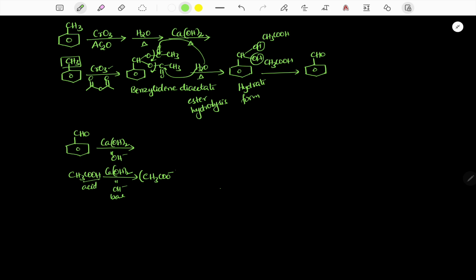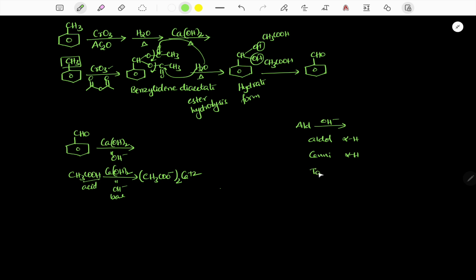CH3COO minus 2 times and Ca plus 2, so calcium acetate will be formed. Now the benzaldehyde and OH minus. Whenever an aldehyde is treated with OH minus, aldol condensation is possible if alpha hydrogen is present. Cannizzaro is possible if alpha hydrogen is not present, that means sp3 alpha hydrogen.